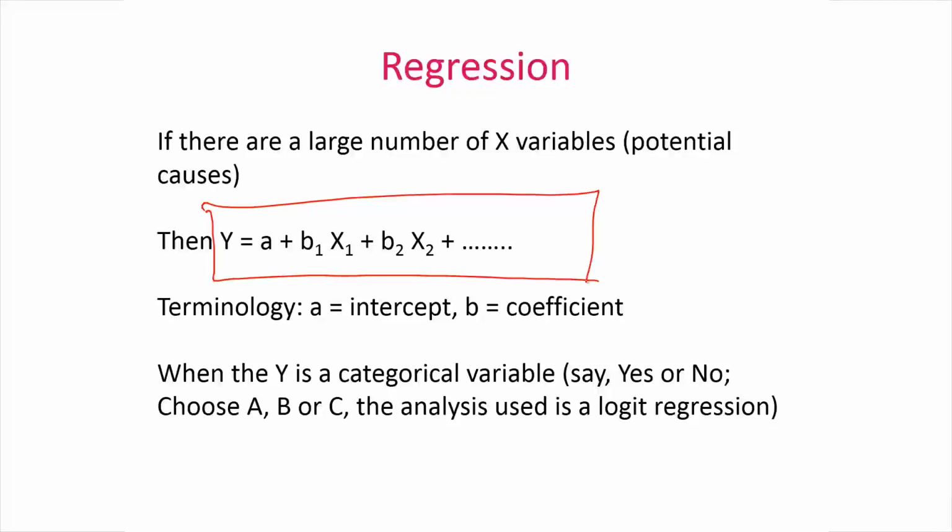If we ask people to choose option A, option B, option C, the intuition behind the regression is still going to be the same, but the kind of analysis that we're going to use is going to be a variation of this. It's called a logit, L-O-G-I-T, regression. We use a logit regression when our x's are still continuous, but our y, which is a dependent variable, is a categorical variable.